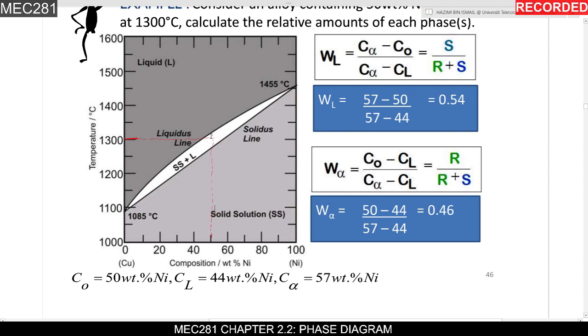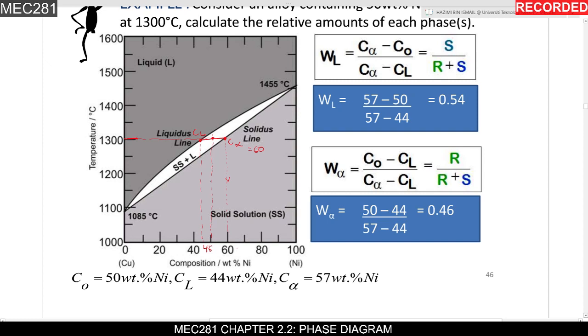So this is my point, and then you have to use the tie line. This is the C liquid, and this is the C alpha, and then we project here. We have the value of C alpha approximately 60%, and here C liquid is around 45.